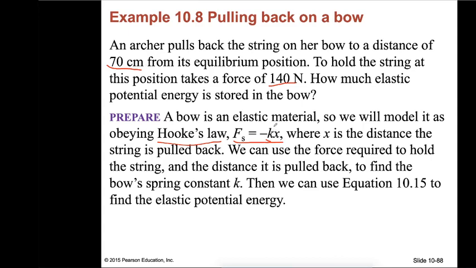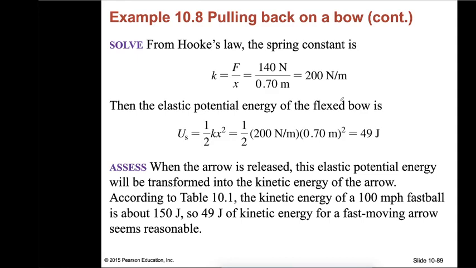Once you have k, you can calculate the elastic potential energy, which is 1/2 k x squared. So you have x, you have k calculated, then you can calculate the elastic potential energy. So here are the details of the calculation.